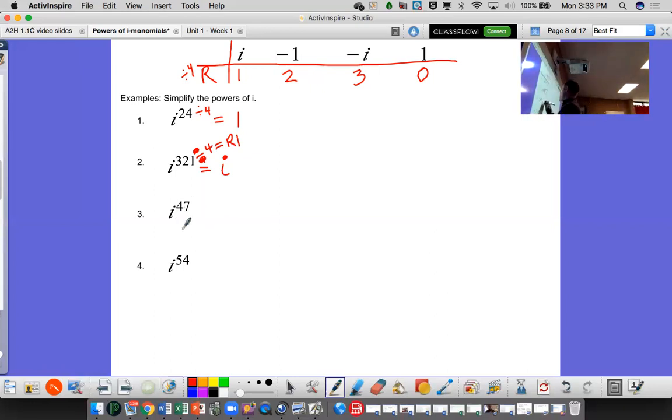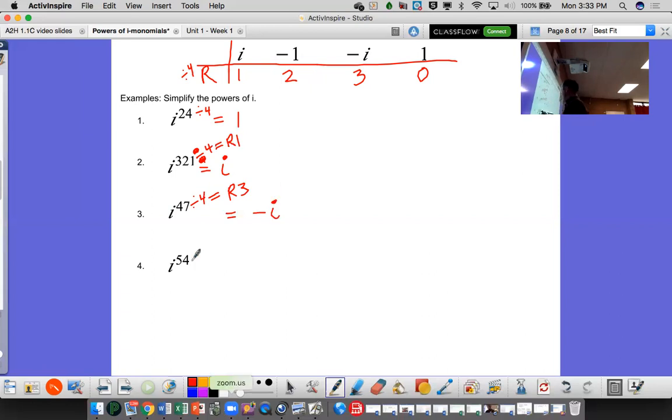So i to the 47th, if we divide that by 4, let's see if we can get this a little quicker. That would be 11 with a remainder of 3. So I'm more concerned about the fact that it's remainder 3. I come up here to my table, I look at remainder 3, and I know this would equal negative i.